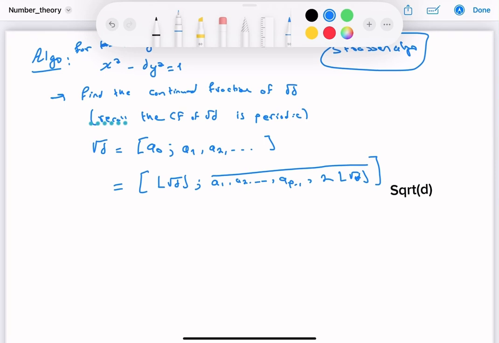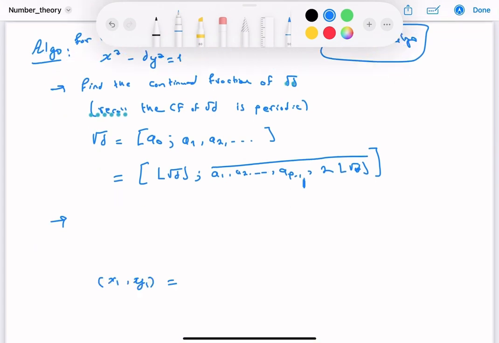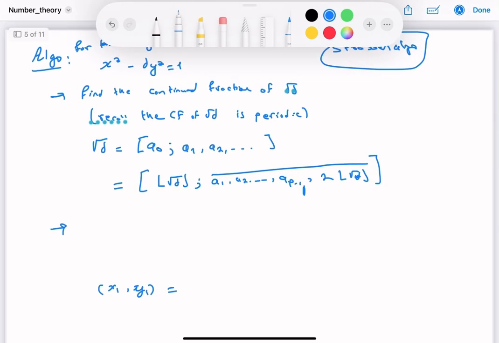You can write any such continued fraction in this periodic form. Once you get this periodic form of the continued fraction, you automatically get the solution of Pell's equation, and it's super nice that you can just read it off. I'm going to give an example after I write this down, and it will become clearer.